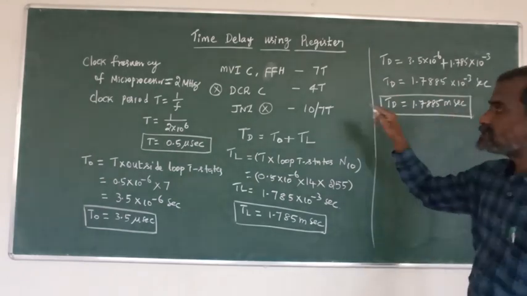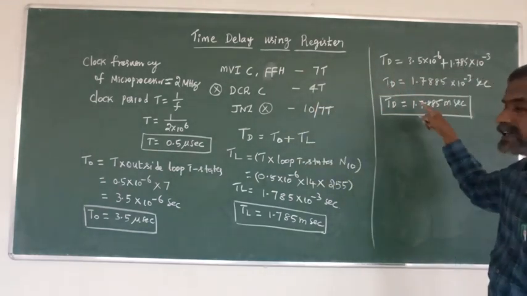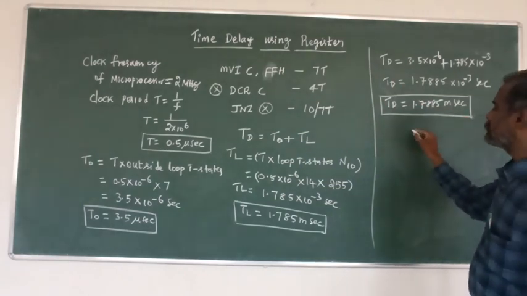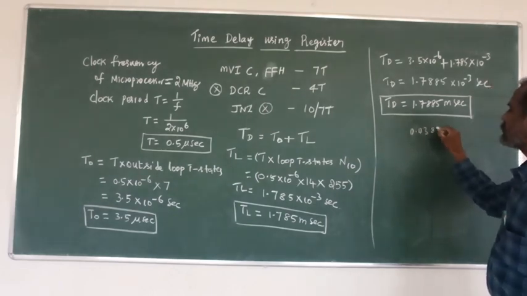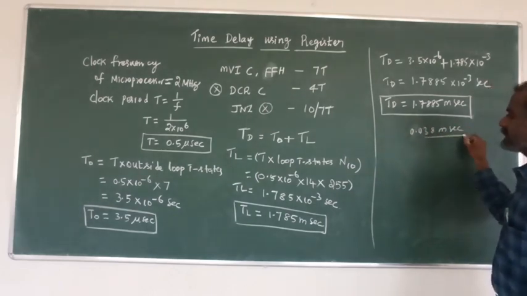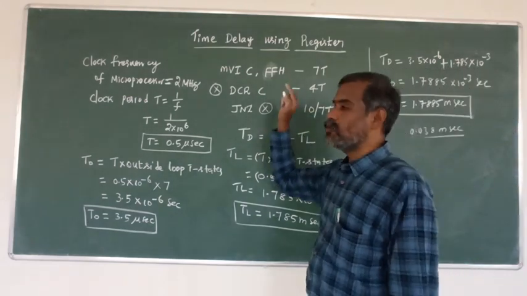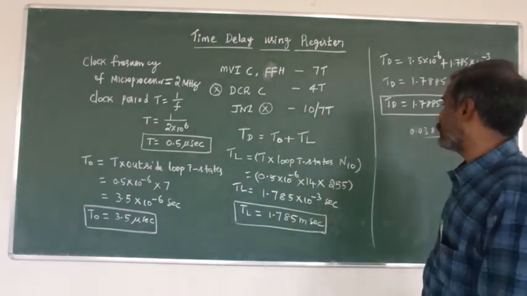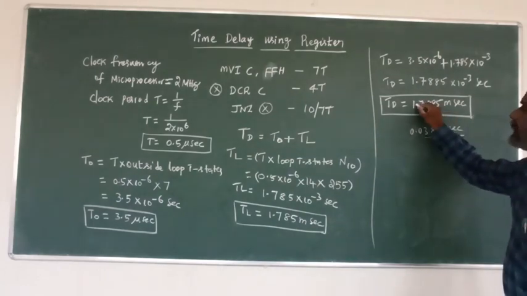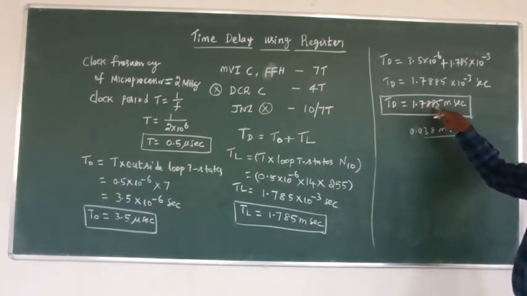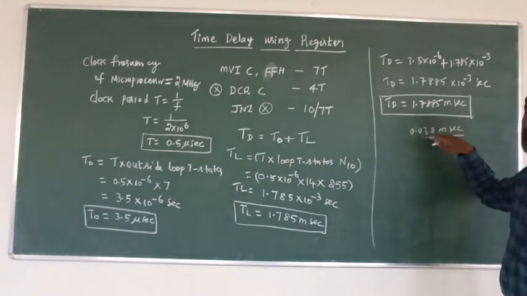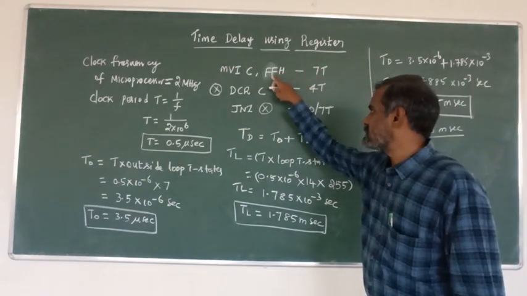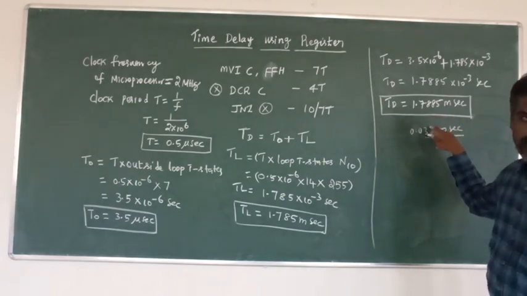Using data 05, we get a result of 0.038 milliseconds. Now to increase the value, with the maximum value FF, we can get the maximum time delay of 1.7885 milliseconds. Here the time delay is increased. When data increases, the time delay increases.